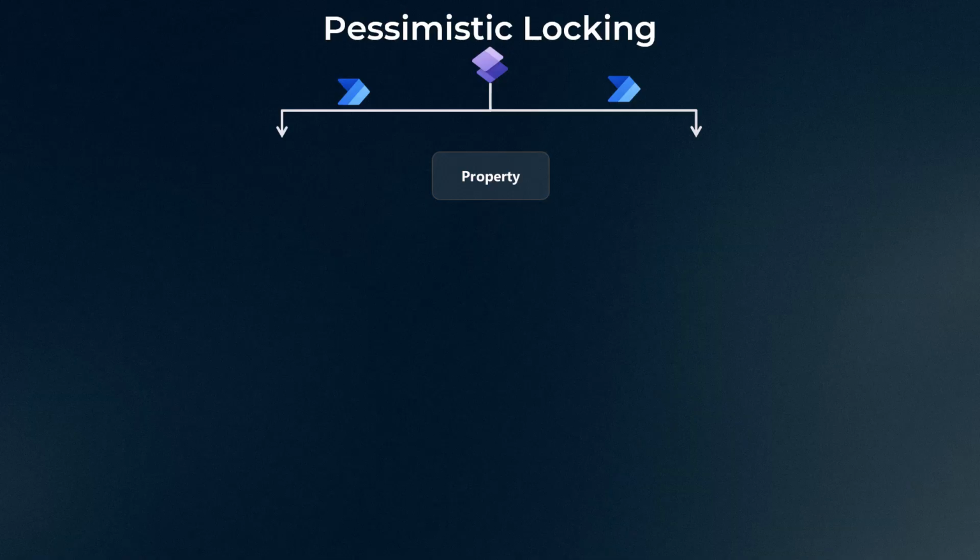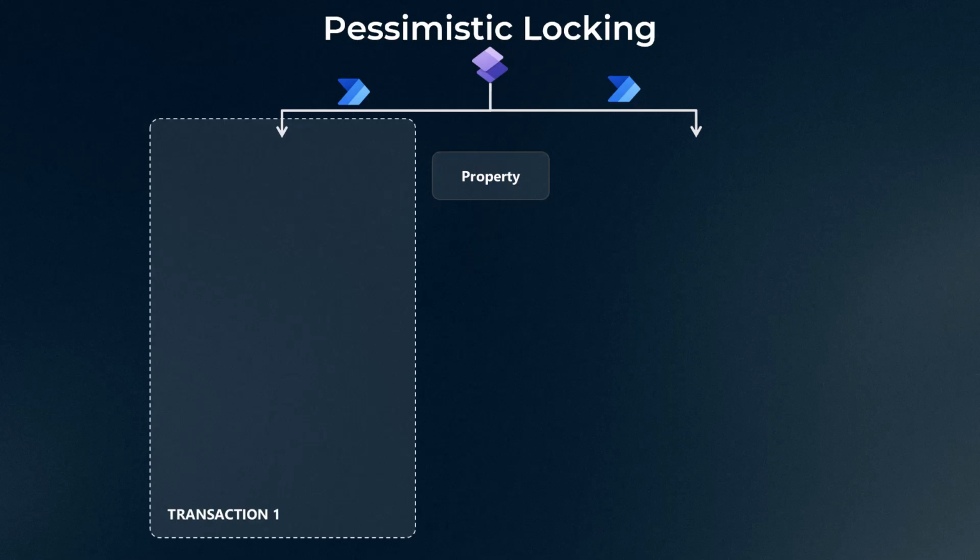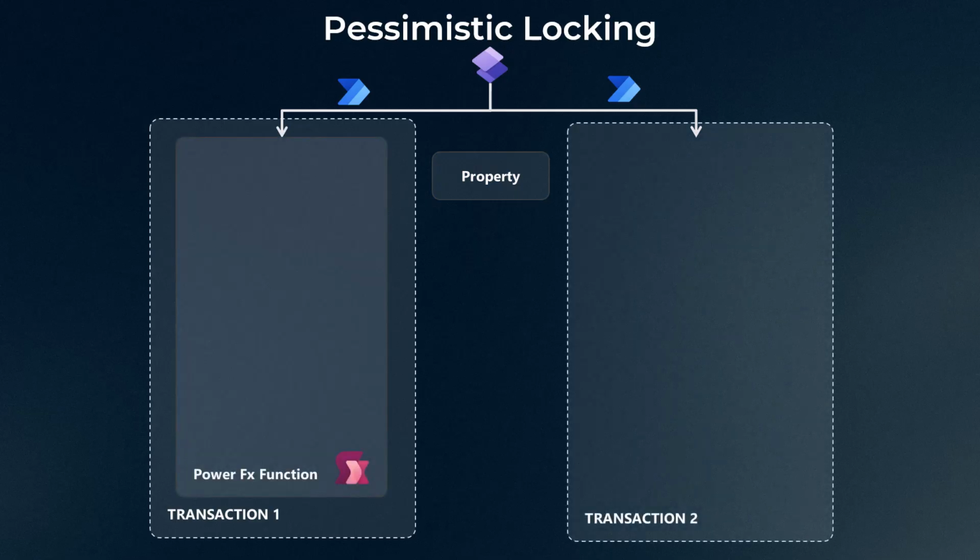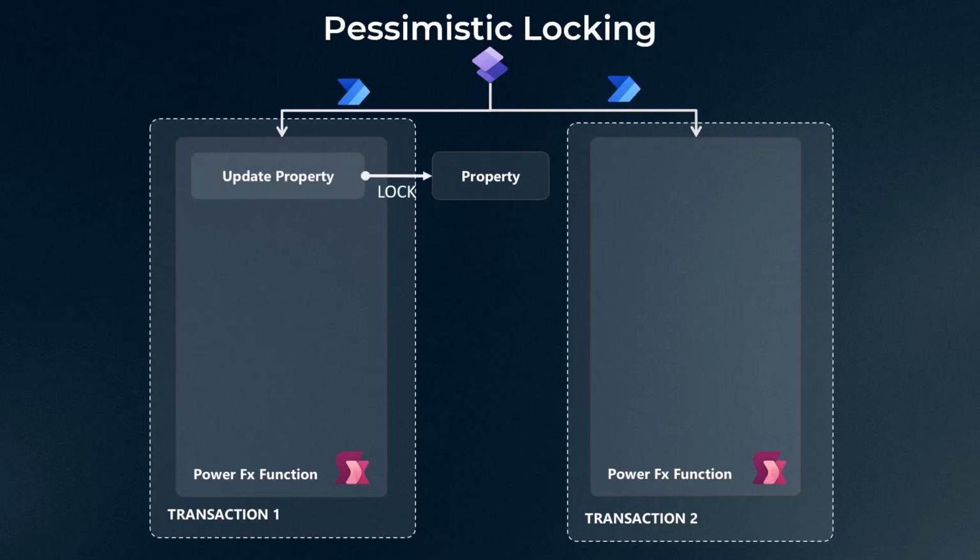So this is where pessimistic locking is so powerful for preventing concurrency issues. So now we have the two cloud flows calling the reservation process, and now the check and create reservation is done inside a PowerFX function. Before we check for availability, we have to create a lock. We can take out an update lock on the listing records so that if another function tries to update that same listing before checking for availability, it will have to wait to take out the same lock until the first transaction has completed.